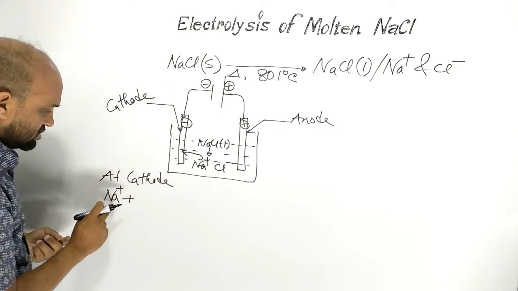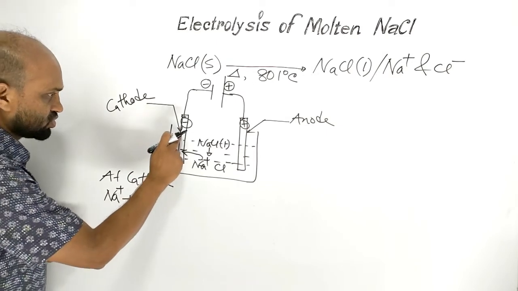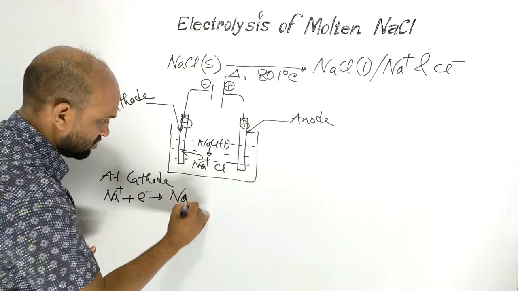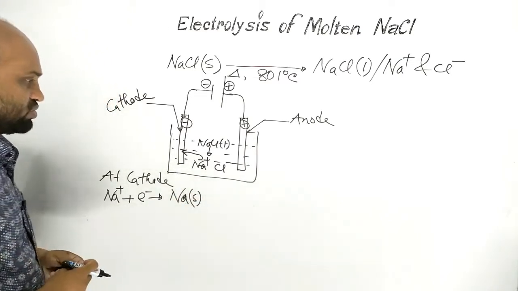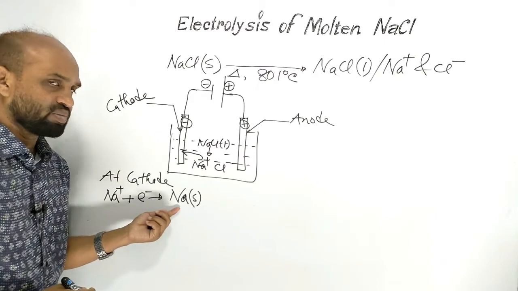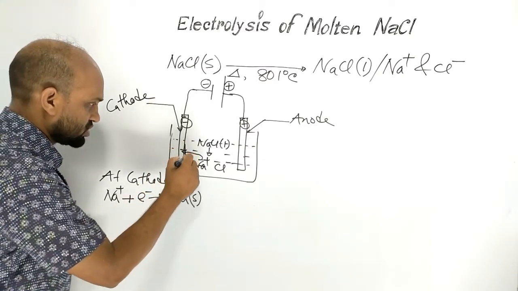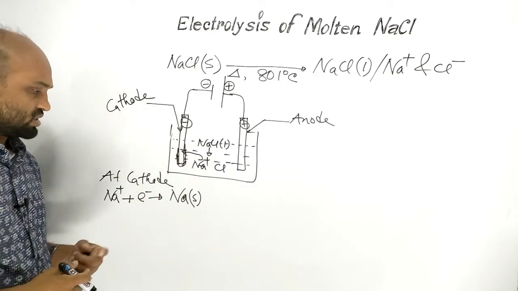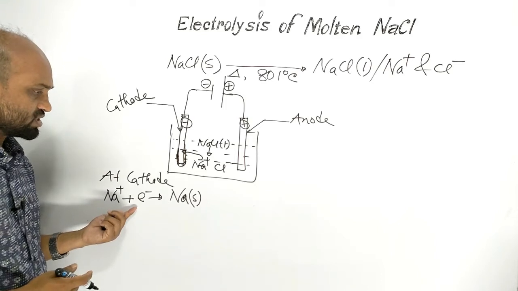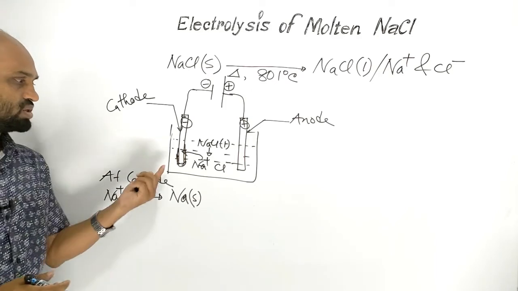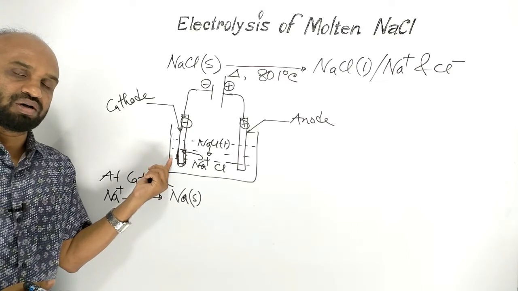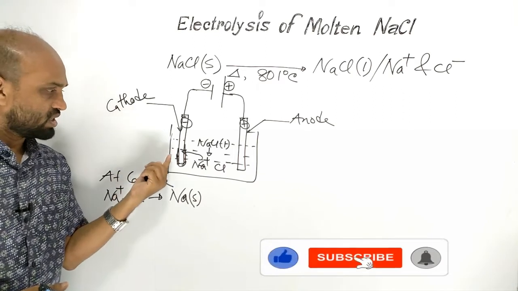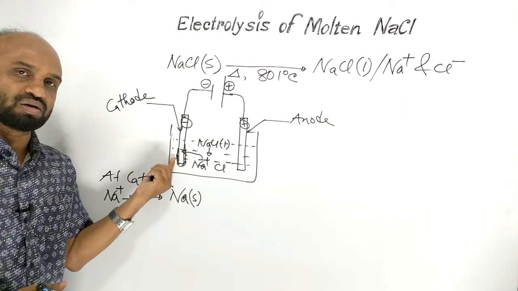That is why sodium ion will receive an electron from the cathode and sodium metal will be formed. This sodium metal will deposit on the surface of the cathode. It's a kind of reduction reaction. We know the metallic bar where reduction happens is called cathode. So at cathode, sodium metal deposits.